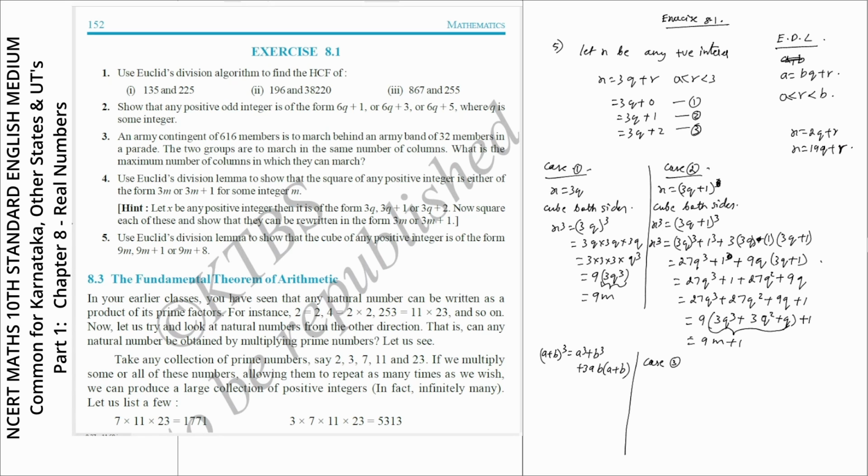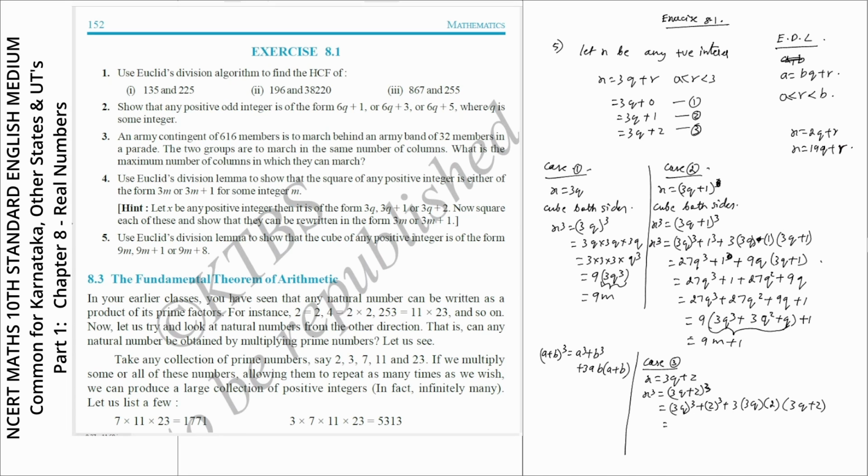Case 3. In the third case, x is equal to 3q plus 2. Now if I cube both sides, x cube is equal to (3q plus 2) the whole cube. Now expand this: (3q) the whole cube plus 2 cube plus 3ab into (a plus b), that is 3 into 3q into 2 into (3q plus 2).